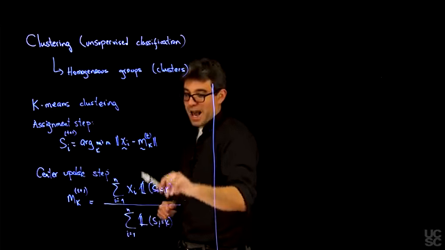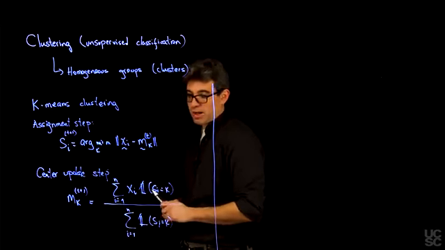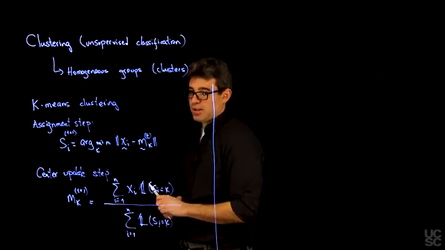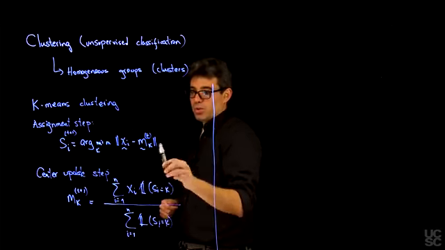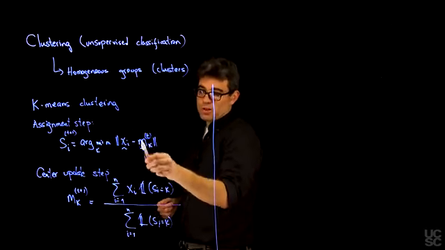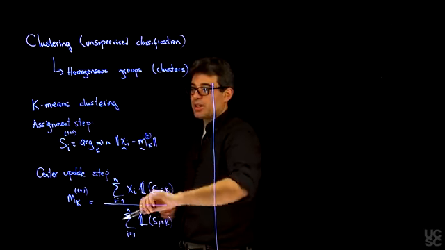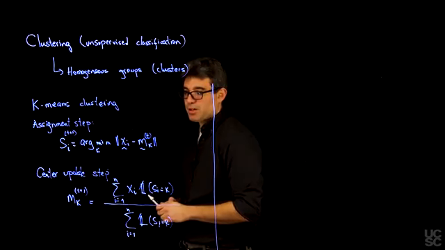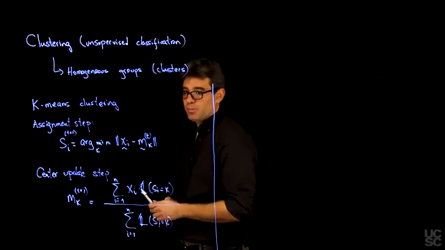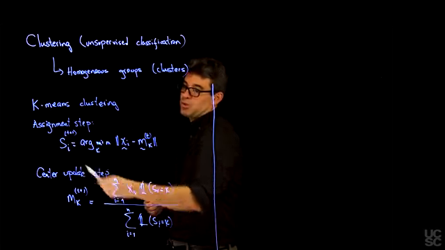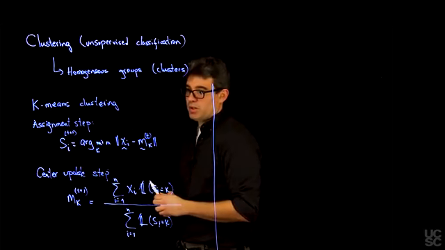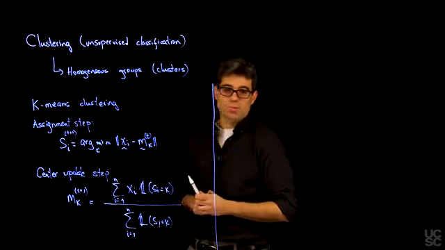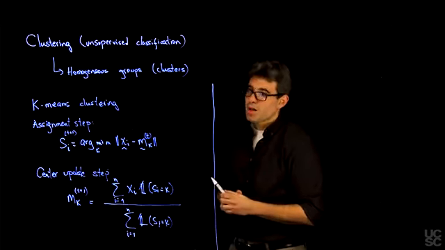So this is the average value of the observations that are currently assigned to the cluster. So given some initial value for the centers, we can just alternate between these two steps until convergence, in particular until the membership of the observations to the clusters doesn't change from one iteration to the next.